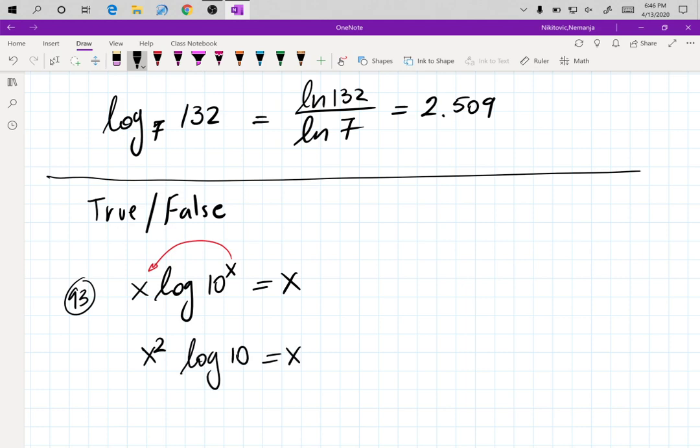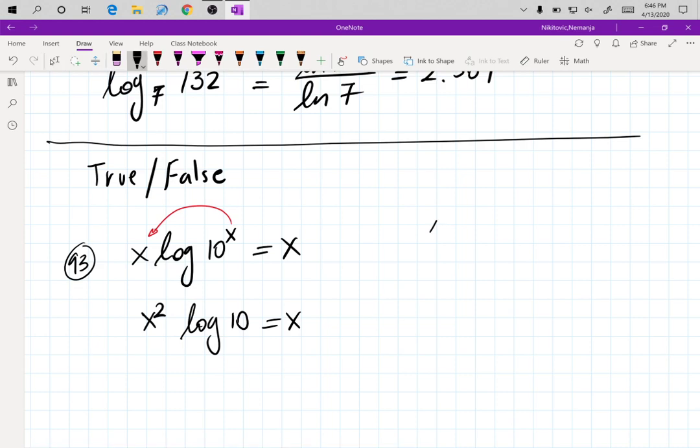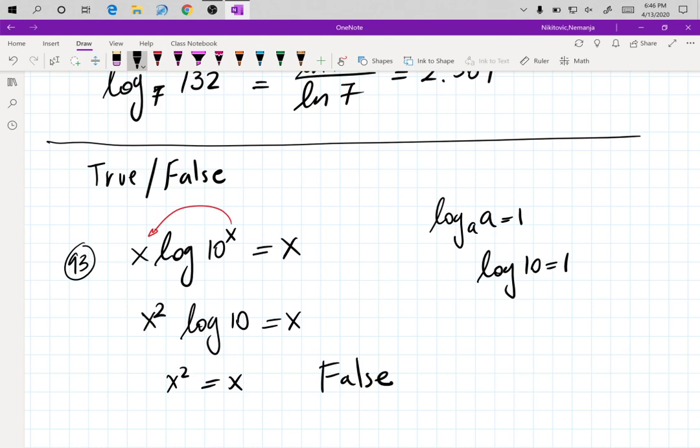But now we know that the rule is log a of a is 1, so log 10 is 1. We get x squared equals x. False. So that statement was false because it didn't work out.